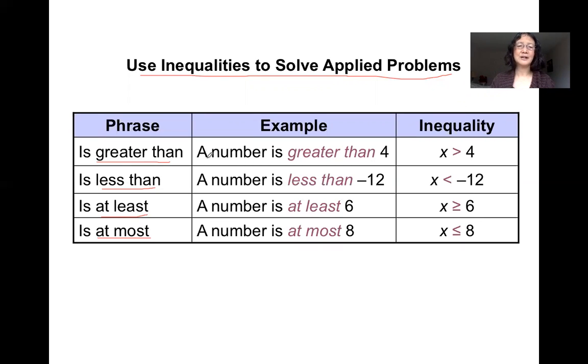For example, a number is greater than 4, so you write x > 4. A number is less than negative 12, so x < -12. A number is at least 6 means x ≥ 6. A number is at most 8 means x ≤ 8.